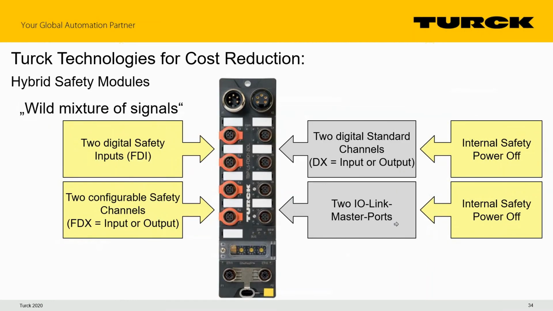These are hybrid safety blocks because we have a combination of I/O on them. We have 2 digital safety inputs and 2 safety configurable in or out. We have 2 ports, which equals 4 I/O points of general purpose I/O. And then we have 2 IO-Link master ports.